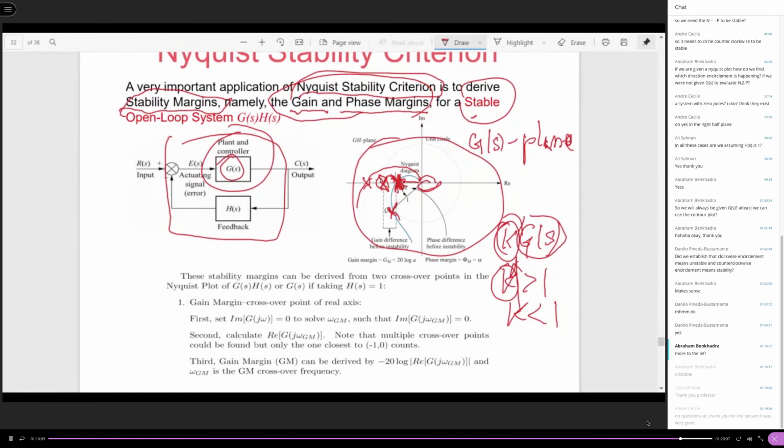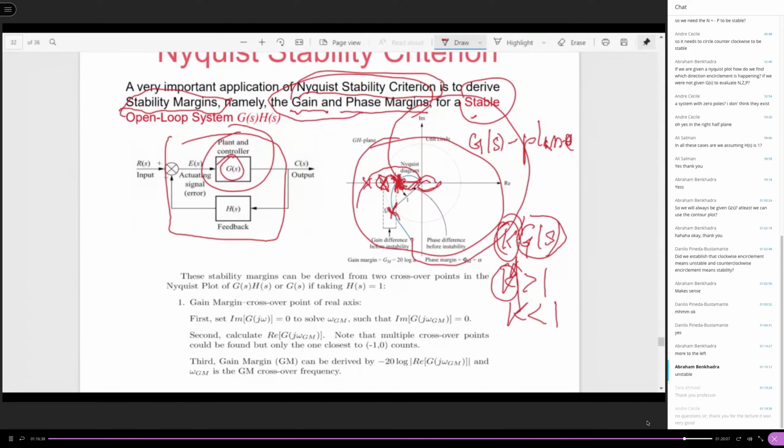If the crossover point is here, your plot is going to go this way to close it. So the -1, 0 point is outside your closed plot. No encirclement. Because we said the open loop system is stable, if you don't see encirclement, the closed loop system is stable.